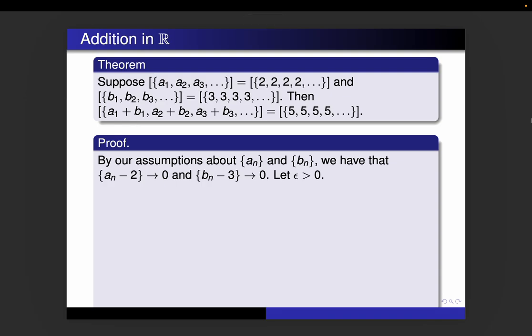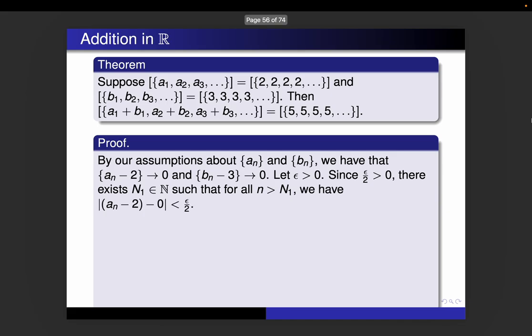So now we're going to let epsilon be greater than 0. Since epsilon over 2 is greater than 0, there exists some natural number n1 such that for all little n bigger than n1, we have the absolute value of An minus 2 minus 0 less than epsilon over 2.